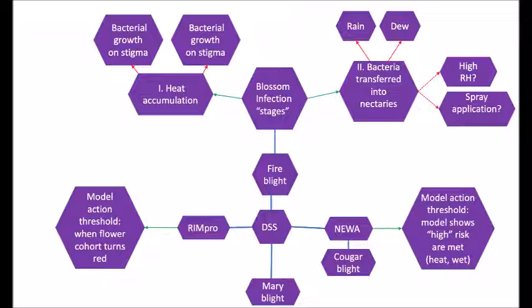They don't match up particularly well in terms of when they say high risk and so forth, or infection. Personally, I've never learned to use Cougar Blight very well, and so I sort of refrain from commenting on that. I've always liked Mary Blight better.